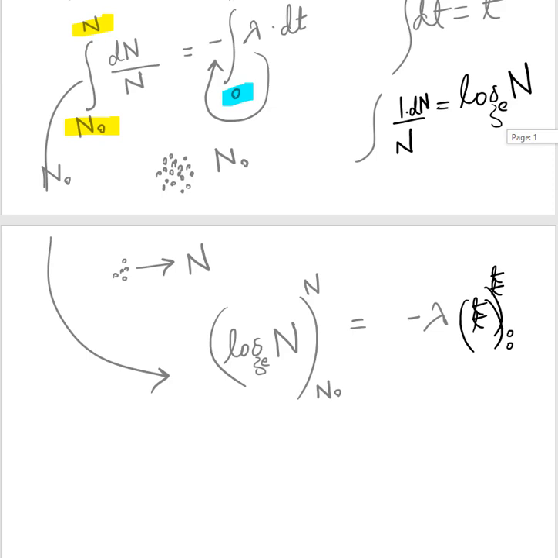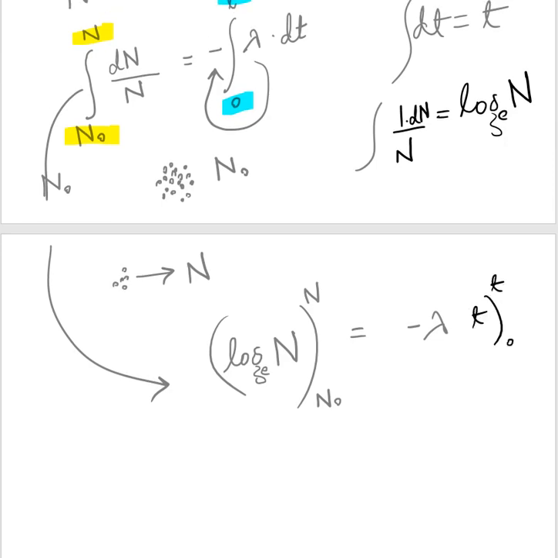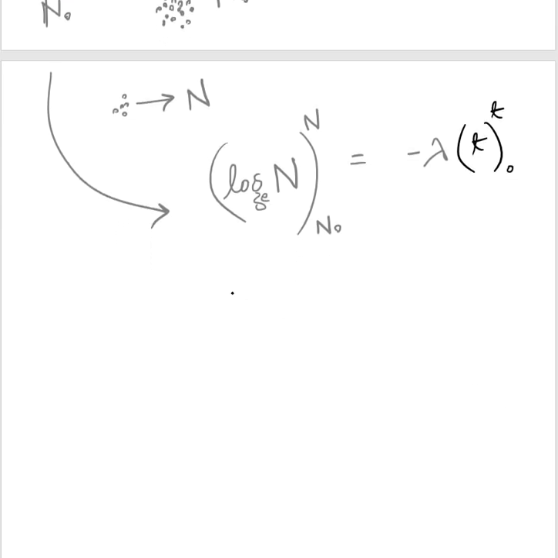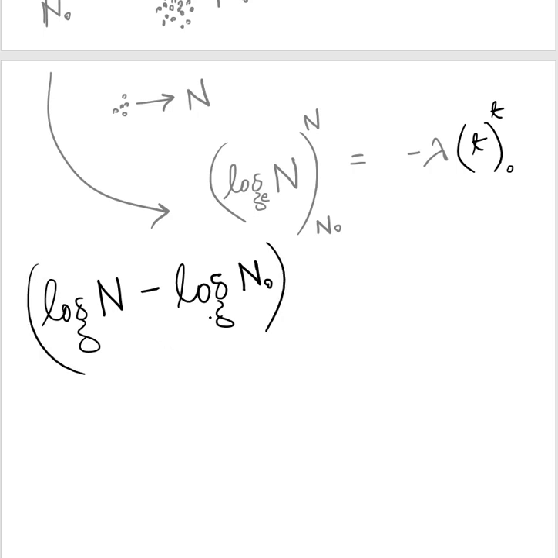Now log n minus log n naught is equal to minus lambda times t minus 0.